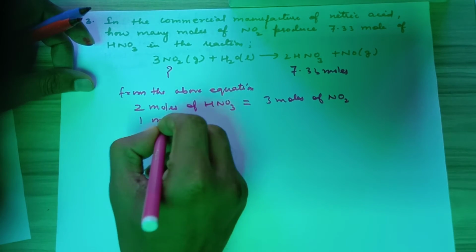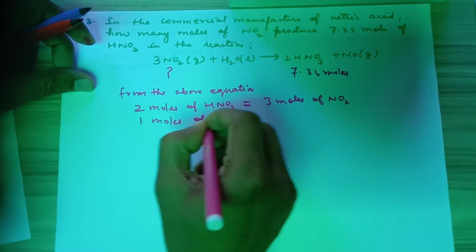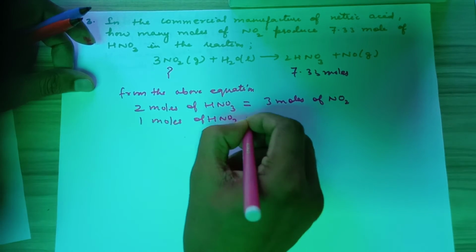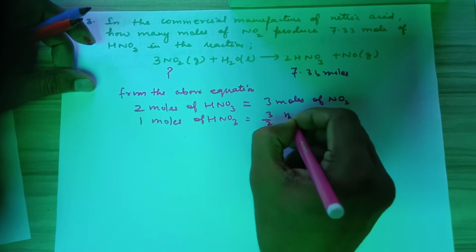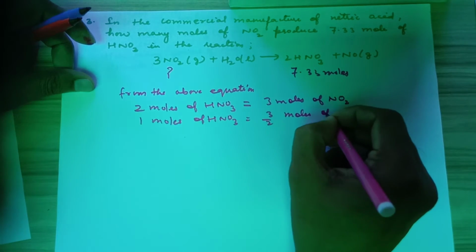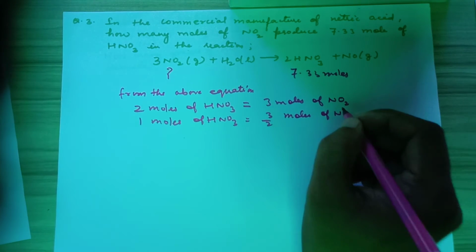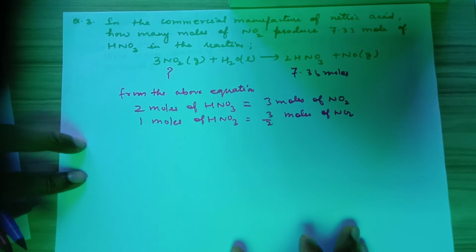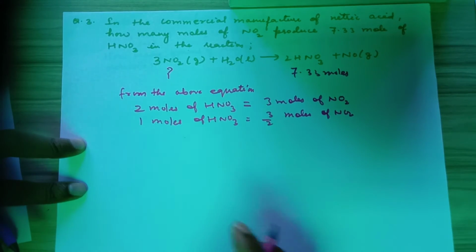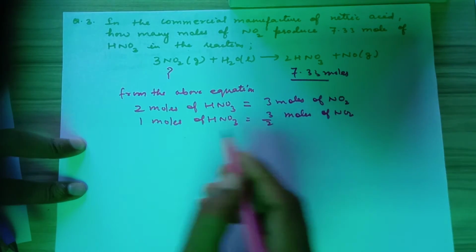So what will happen? 1 mole of HNO3 will give 3 by 2 moles of NO2. This is the basic thing. Now the given amount, use it.